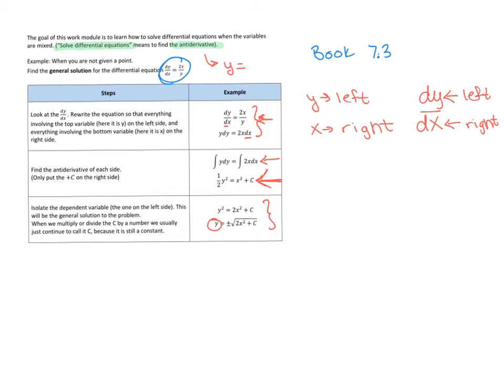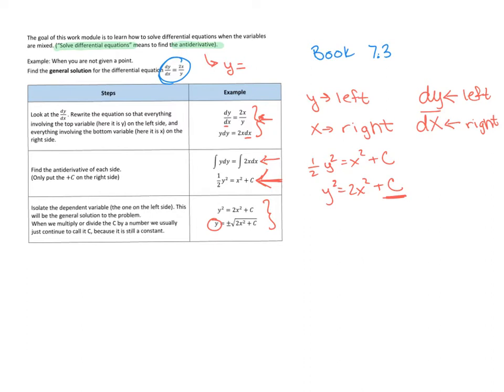And also notice this line, 2x squared plus c, and the line above it was 1/2 y squared equals x squared plus c. To advance that step, what I did was I multiplied both sides by 2. But you should notice that instead of having a 2c, I just have a c here. And the reason why we do that is because if c is a constant and I multiply it by 2, I just get another constant.